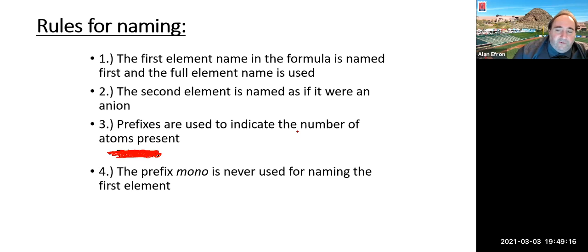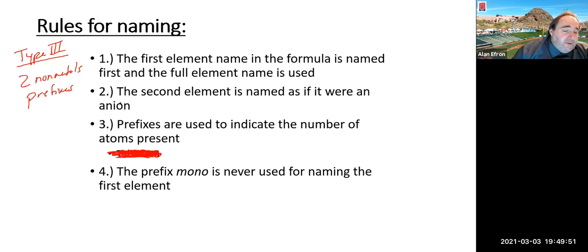So a lot of times people always want to use prefixes, as I was talking about earlier, when they're naming things, and they want to put it in all the wrong places. But this is actually the place where you should do it when you have a type 3 compound, when you are dealing with two nonmetals. We use prefixes here. So this is definitely the place to use prefixes, like mono for 1, di for 2, tri for 3, tetra for 4, and so forth. We'll see a chart in just a second here.